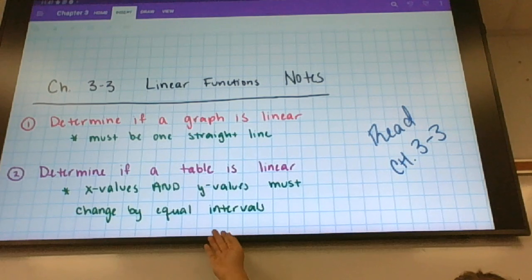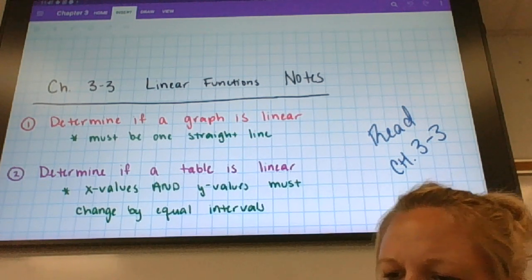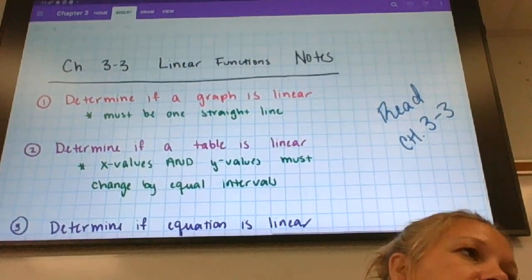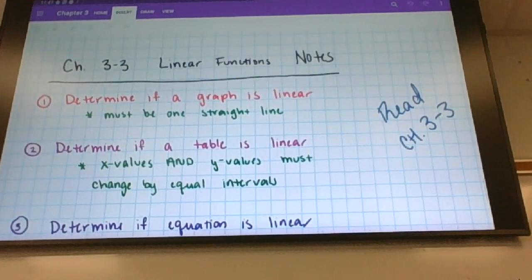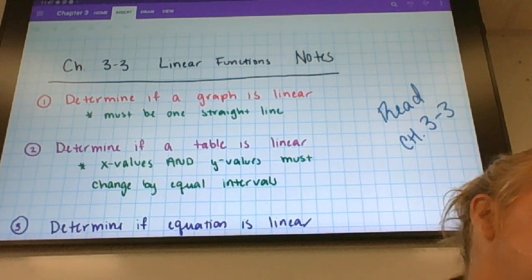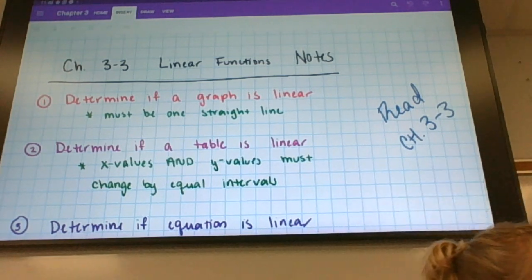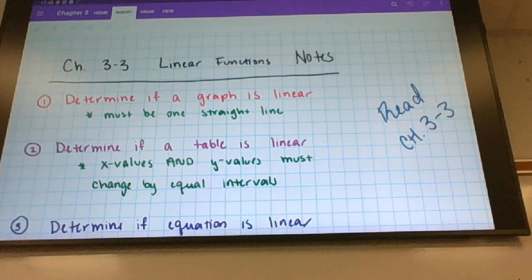If it's not equal, it's called nonlinear. Okay? So write that down. A graph is a straight line. That's straightforward. A table is not as straightforward. And then there's another one. Equation. There's rules that will help you determine if an equation is linear. So go ahead and write these notes down. This will be helpful to you on your assignment today. Just write this in your notebook under your bell word.